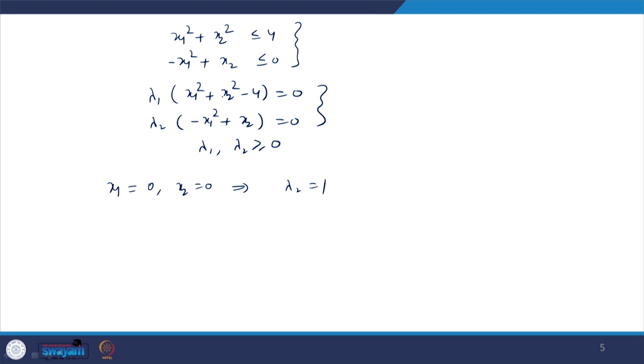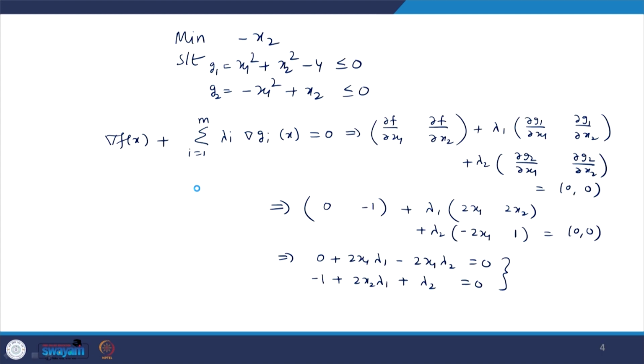And that means lambda 1 is 0, and lambda 1 g1 equal to 0, lambda 2 g2 equal to 0, and lambda 1, lambda 2 are also non-negative. So, we have shown that (0, 0) satisfies all the KKT conditions, but still (0, 0) for this problem is not a global minimum point.